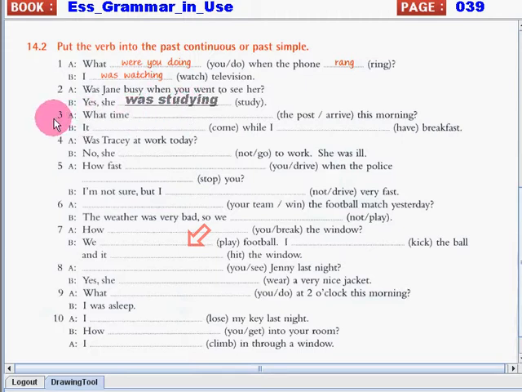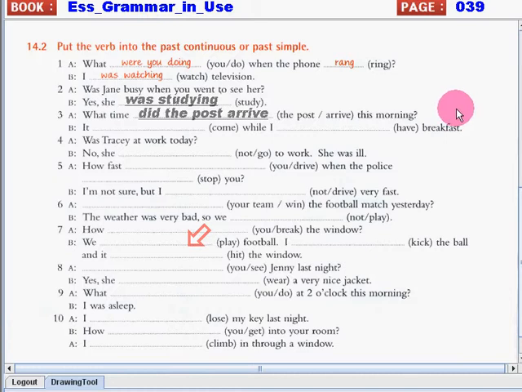Number 3. What time blank this morning? The post arrived. It blank while I blank breakfast. So, what do you think is the right verb for the first dialogue? Of course, our question should be in the simple past tense.